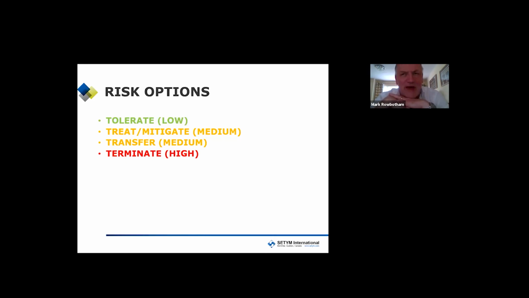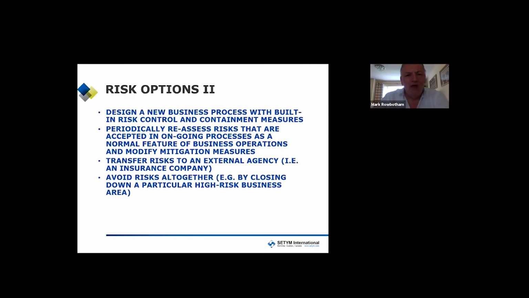And they'll say, well, of course we can. It'll cost you a premium, but it means that you will be able to get some form of protection, which we will provide on your behalf, which is why we have insurance. And then terminate, which is high. The idea of terminate, we are not going to have this at all, get rid of it, because otherwise it will cause us huge problems.